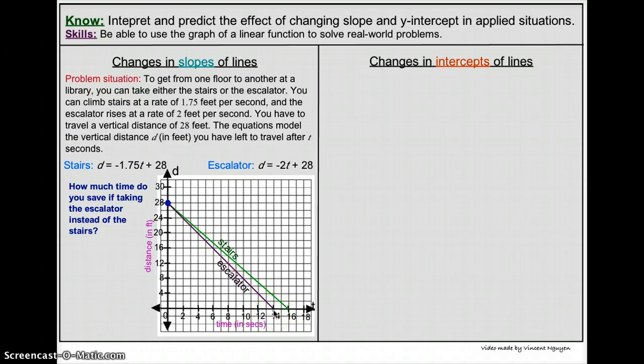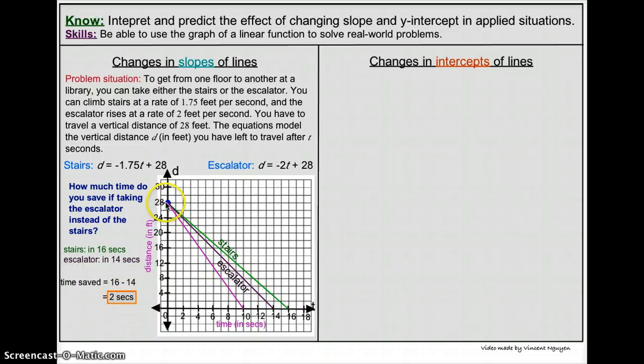That means if I take the escalator, I will reach the other floor in 14 seconds. So how much time am I going to save? If you subtract 16 minus 14, you get 2 seconds.